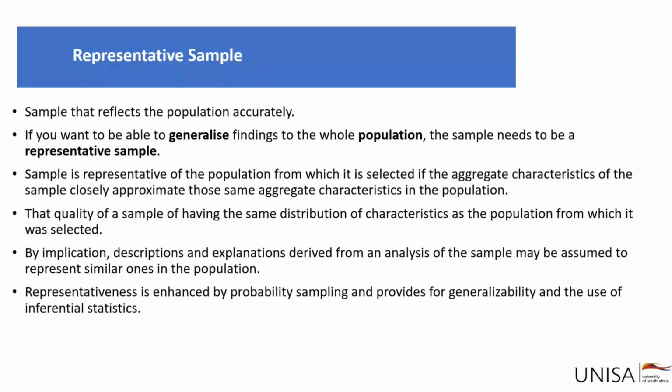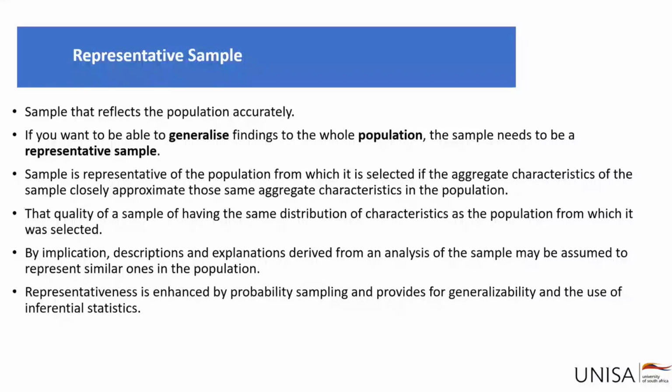So if you want to be able to generalize findings to the whole population, the sample needs to be a representative sample. So if your intention is really to generalize to the entire population, so that you can make conclusions that affect all the members of the population that you are studying, then it is desirable that you do a representative sample.